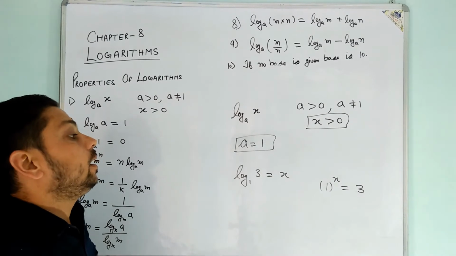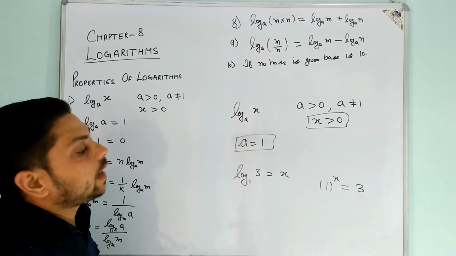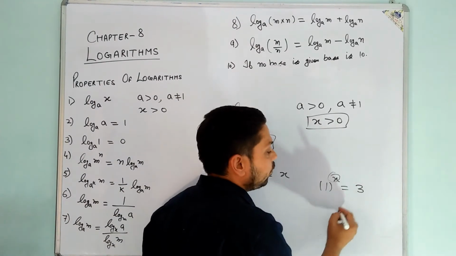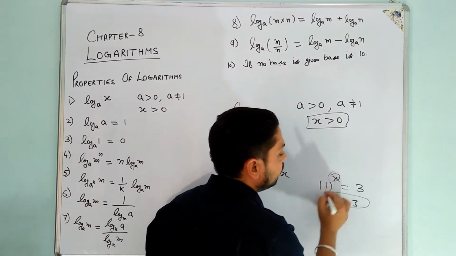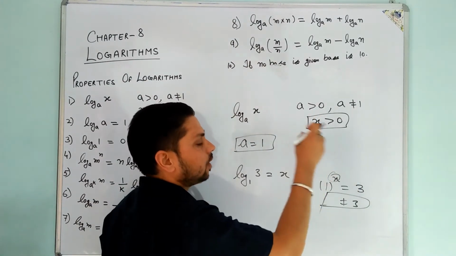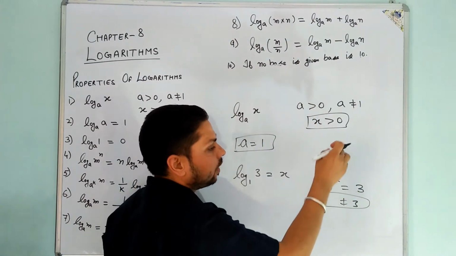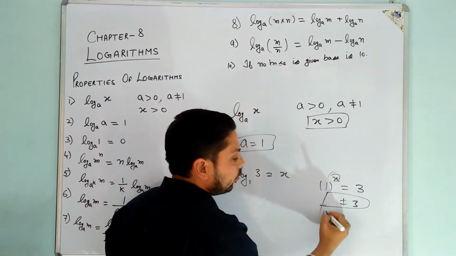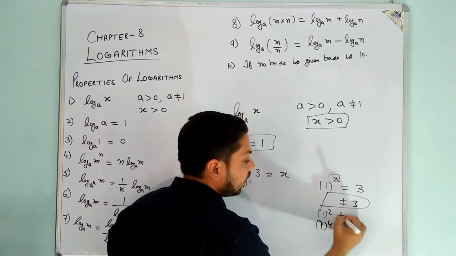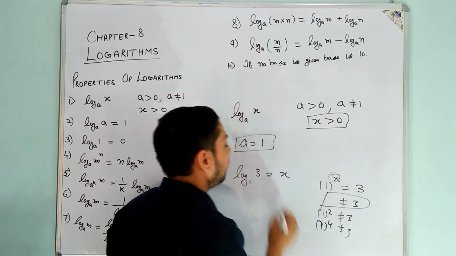Now look here. Take any value of x, you cannot prove it is equal to 3. 1 raised to power 1 is 1, 1 raised to power 2 is 1, 3 is 1, 4 is 1. Any value you take, it is again 1 and not equal to 3.